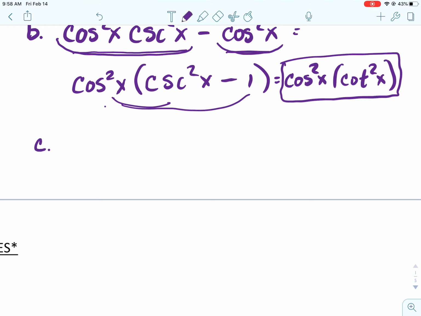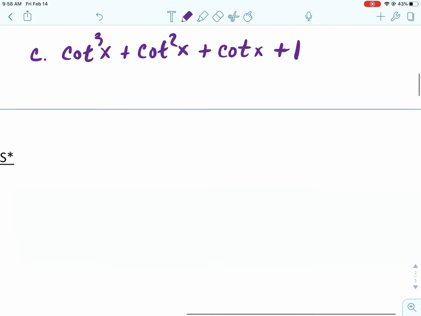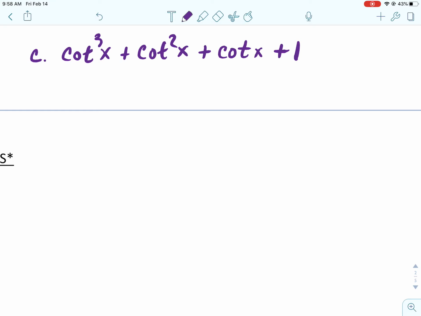So for C, we have cotangent cubed of x plus cotangent squared of x plus cotangent of x plus 1. Okay, so think back to polynomials.